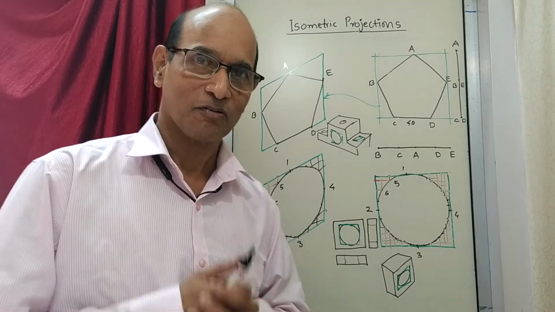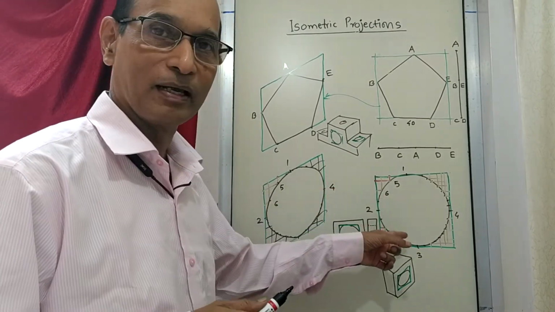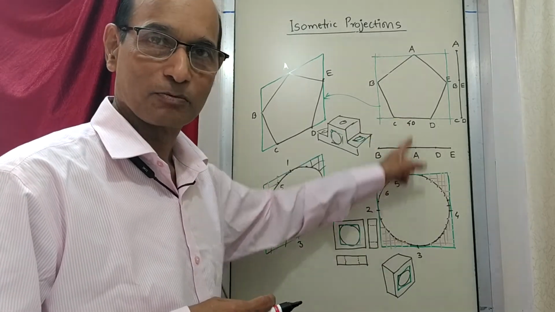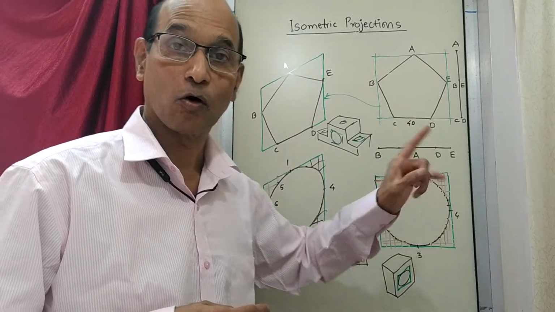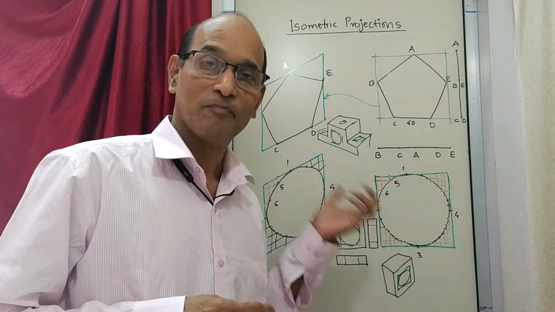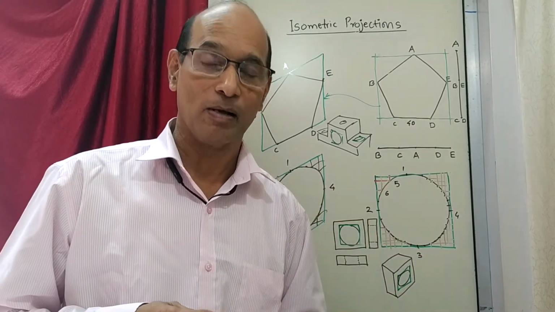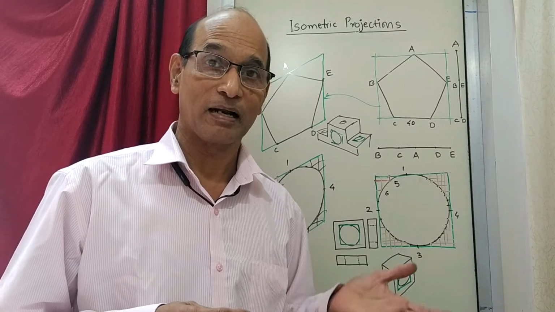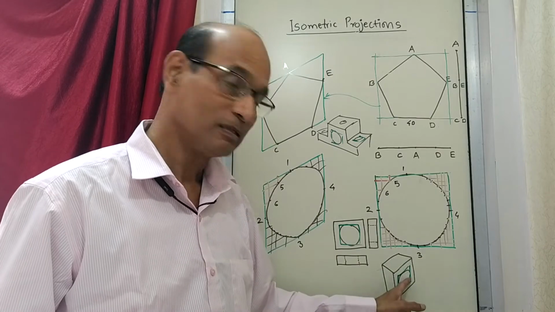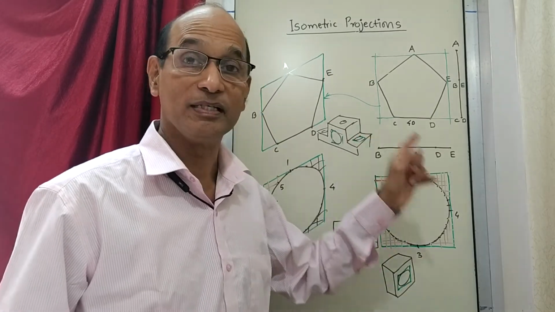That means for drawing a circle in isometric, although we have learned this process, we are not going to follow it because there is a better and simpler method available which will make us draw these circles very easily.